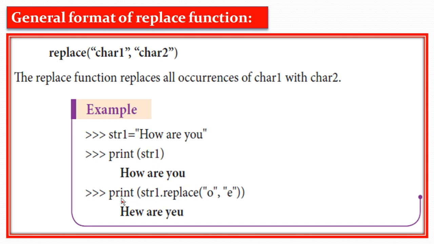Now print str1 dot replace, that means in str1 we replace o with e. So there are two o's here. One is here, another one. The two o's are replaced by e.